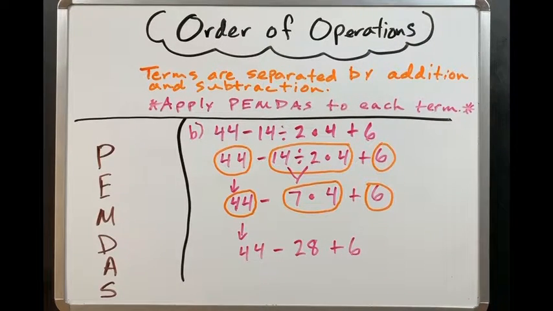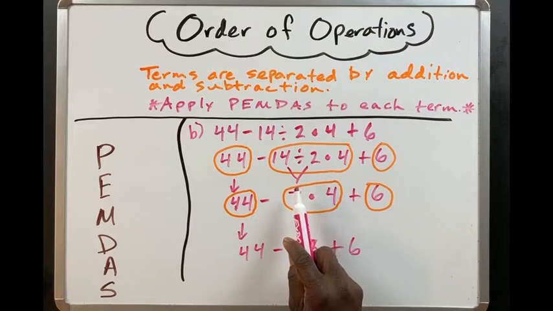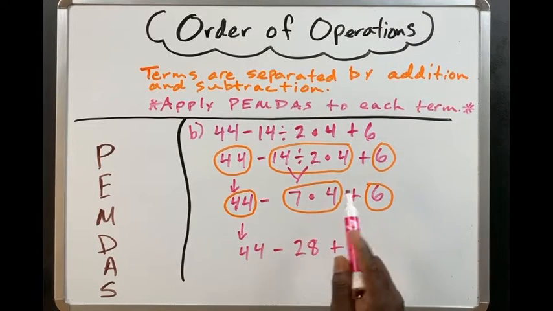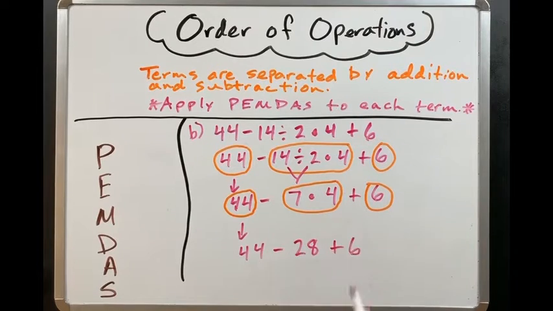All right. Point of pause. Remember when we said if you have division and multiplication back to back, you do the operation that comes first? In this case, it's the same thing, but it's with subtraction and addition. When you have addition and subtraction next to each other with terms, you perform the operation that comes first, which is subtraction.